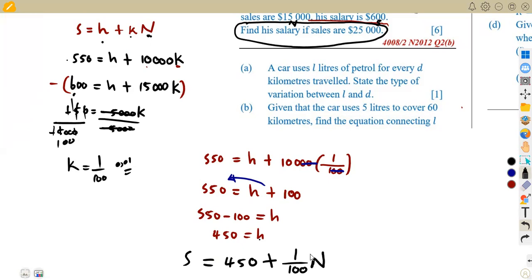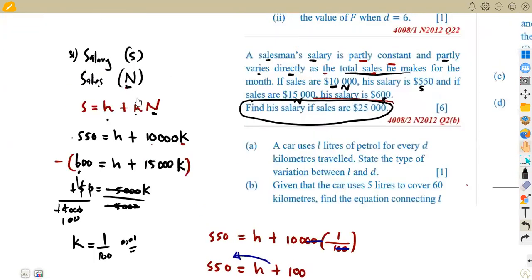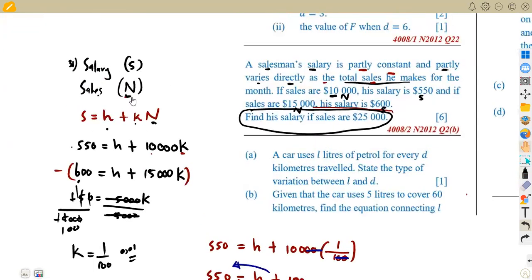So we have a relationship between S and N, where S is representing the salary, N, the sales. So the question is, find his salary. What are you supposed to calculate? You're supposed to calculate S, if the sales are 25,000.